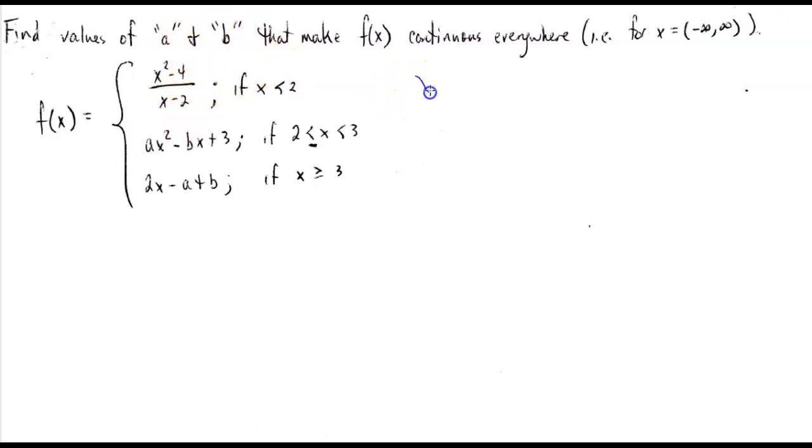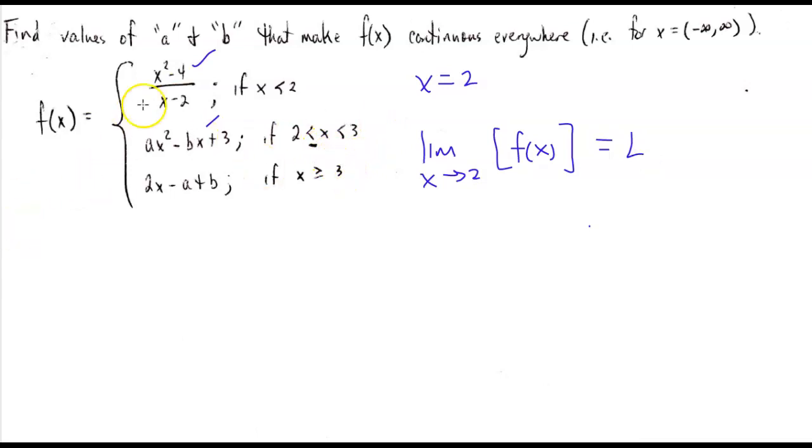So for instance, at x equals 2, we know that this piece and this piece are affected. So in order for this particular function to be continuous here, we know that the limit as x approaches 2 of this function is going to have to be some number L here, okay? It's going to have to be the same.